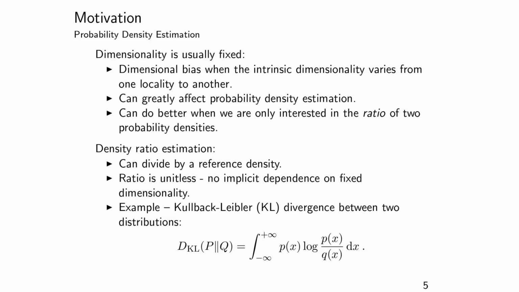So the ratio of 2 probability densities is a unitless quantity in that there is no implicit dependence on any fixed dimensionality there.